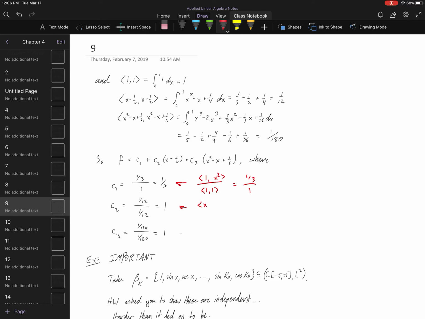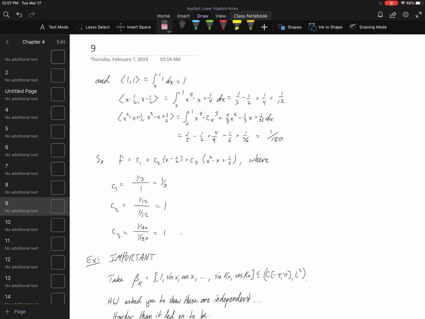Very similarly, it's x minus 1/2 against x squared, over the length of x minus 1/2 squared. And that's the 1/12 over 1/12 that we see. There's the 1. And last but not least, we also pick up a 1.